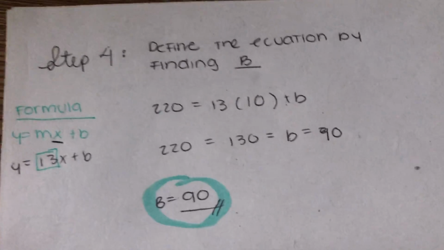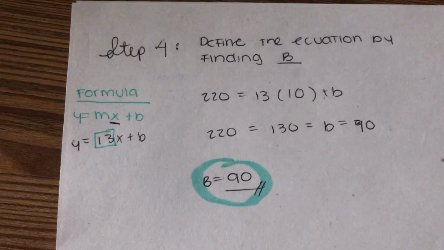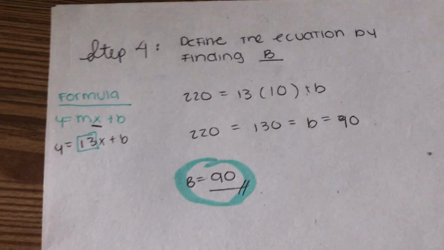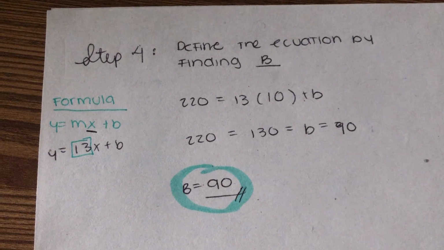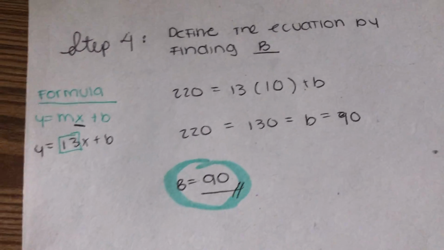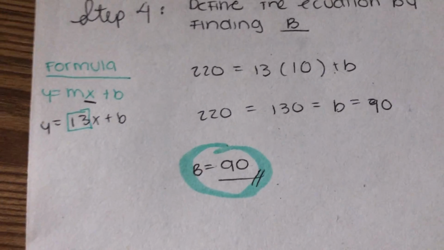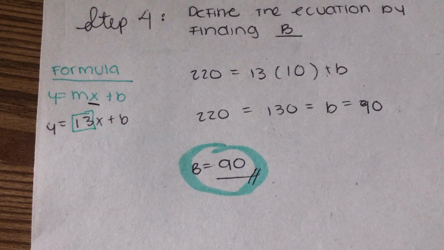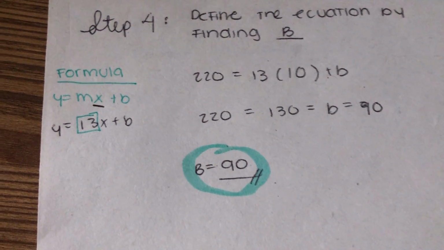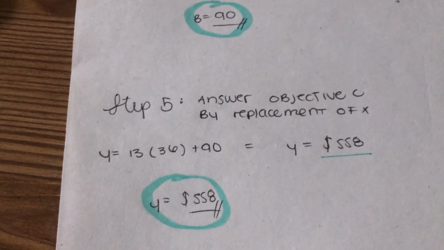If we replace it by the actual values, it would be 220 equals 13 times 10 plus b. So 220 minus 130 equals b, which is 90. So b equals 90.